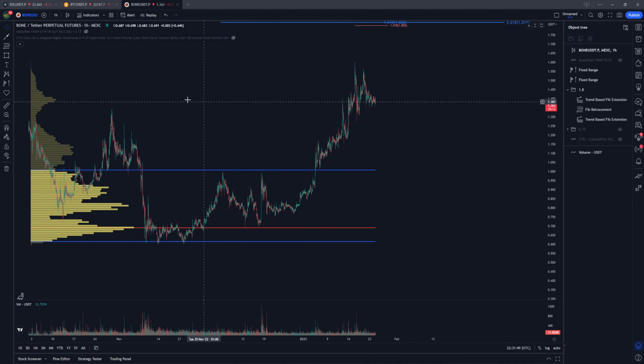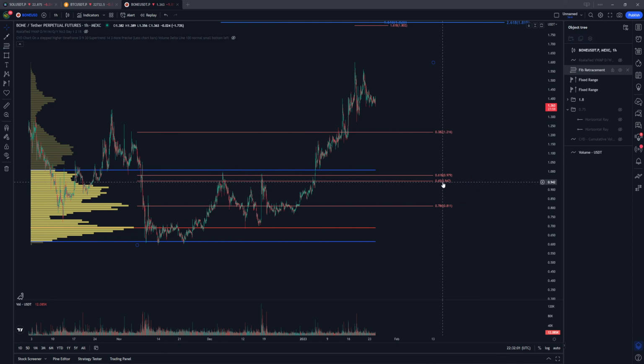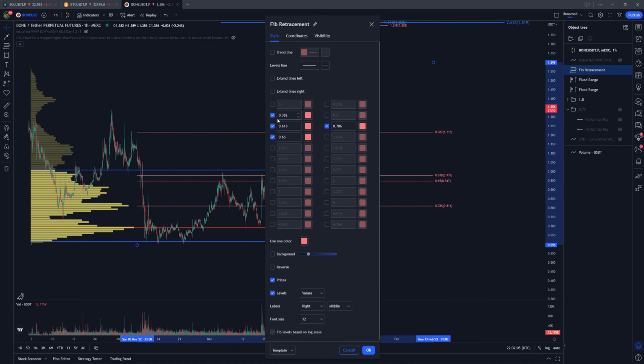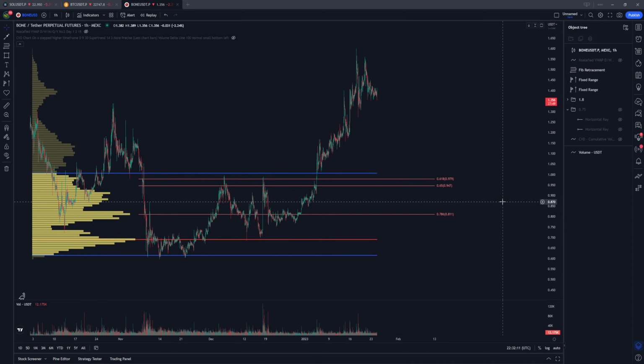Now, looking to the downside or more intra-range, what I'm going to actually start with is pulling a fib retracement, and I'm going to look at the golden pocket. That's the 0.65 and 0.618. And I'll remove the 0.382, and the 0.786 is actually going to be a level for later.